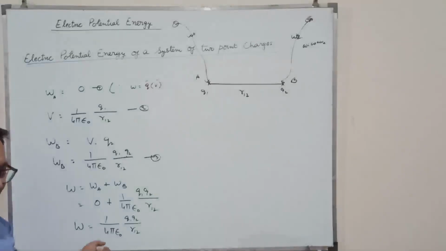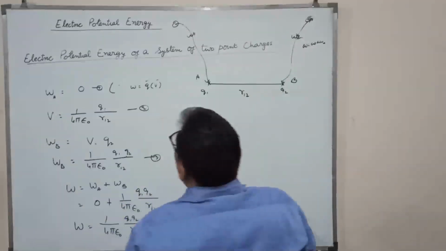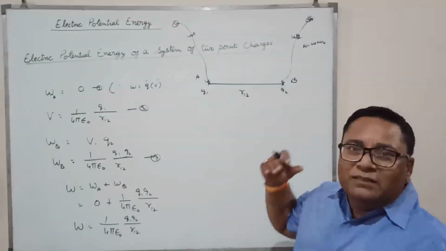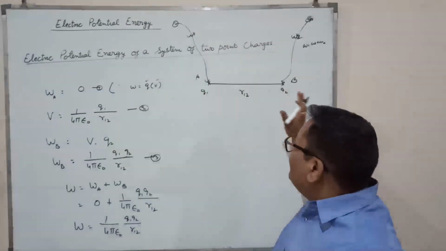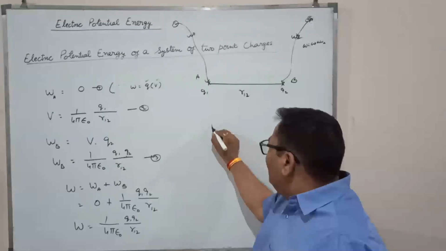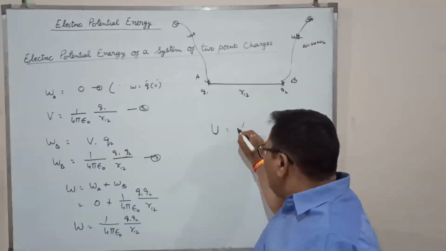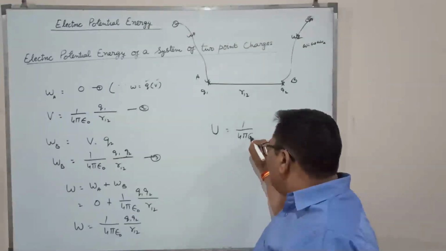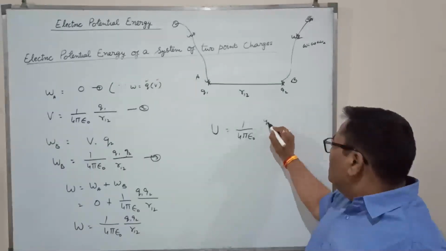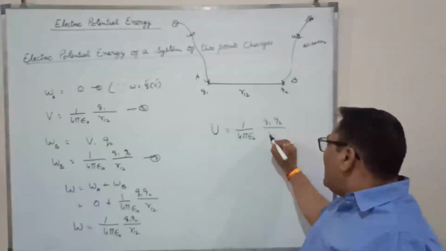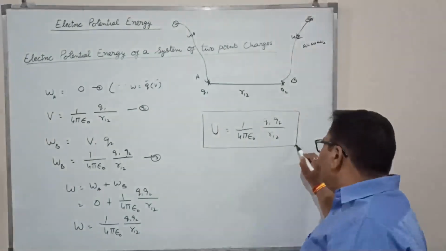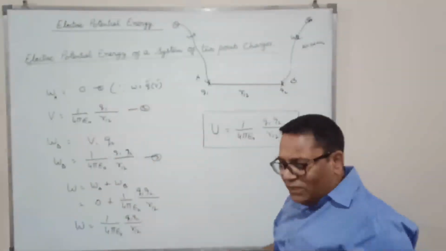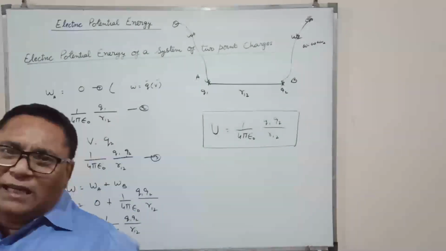And this work done is stored in the form of electric potential energy. Therefore, the electric potential energy for the system of two charged particles, U, is equal to 1 upon 4 pi epsilon 0 Q1 Q2 upon R12. This is the expression for the electric potential energy for a system of two charged particles.